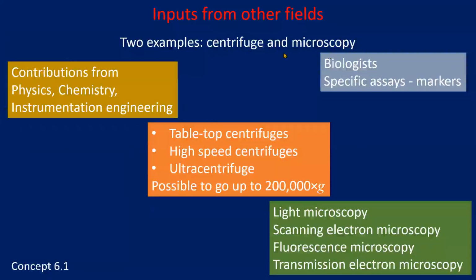Over there, you can use a centrifuge, and there could be various centrifuges depending upon their speed. The simplest is the tabletop centrifuge. Then you might have the high speed centrifuge and the ultracentrifuge. With these different centrifuges, one can go up to a force of 200,000 g. So g is basically gravitational force.